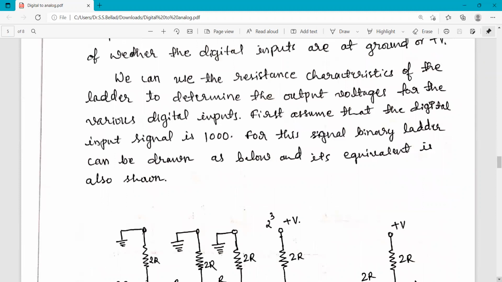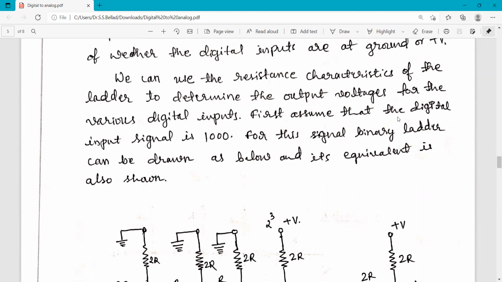We can use the resistance characteristics of the ladder to determine the output voltages for the various digital inputs. So now we can analyze the resistive properties of this ladder network for given digital inputs.